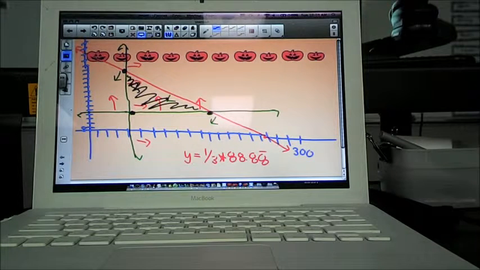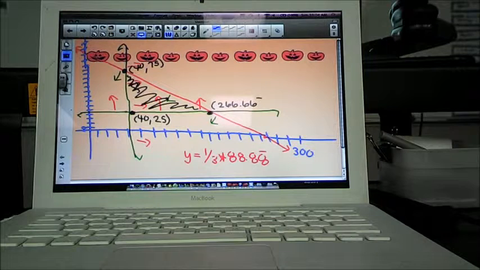These points are 40, 75, 40, 25, 266.66, repeating, and 88.88. Those are your 2 points. And my colleague Maggie will take it over from here.